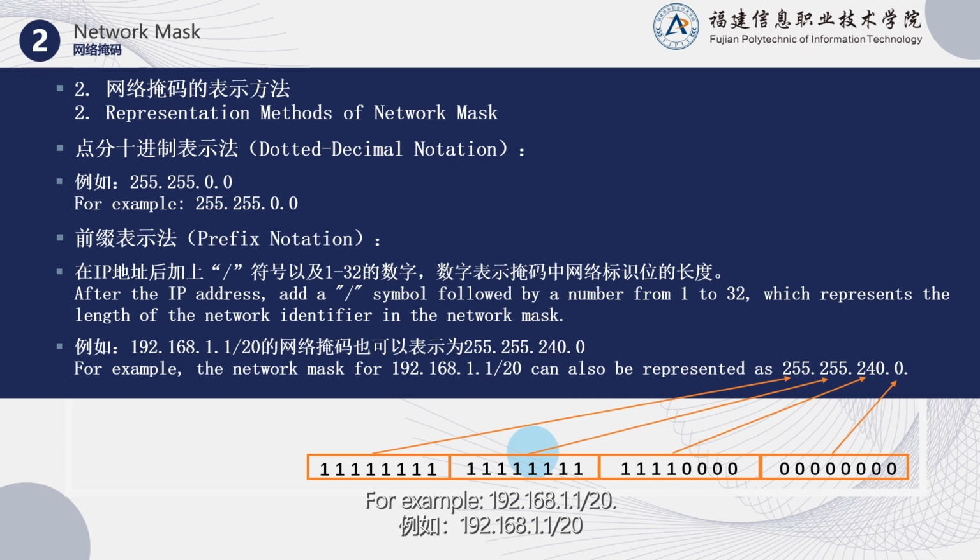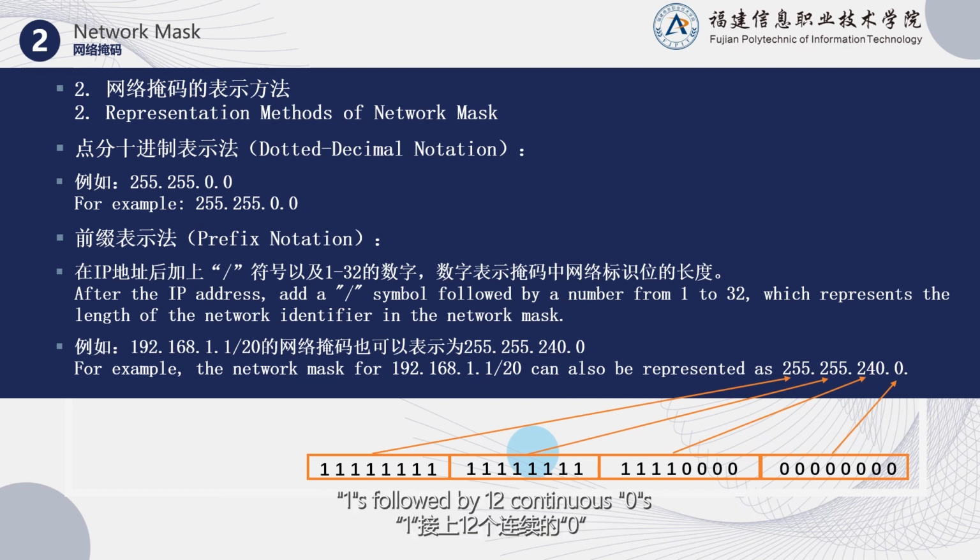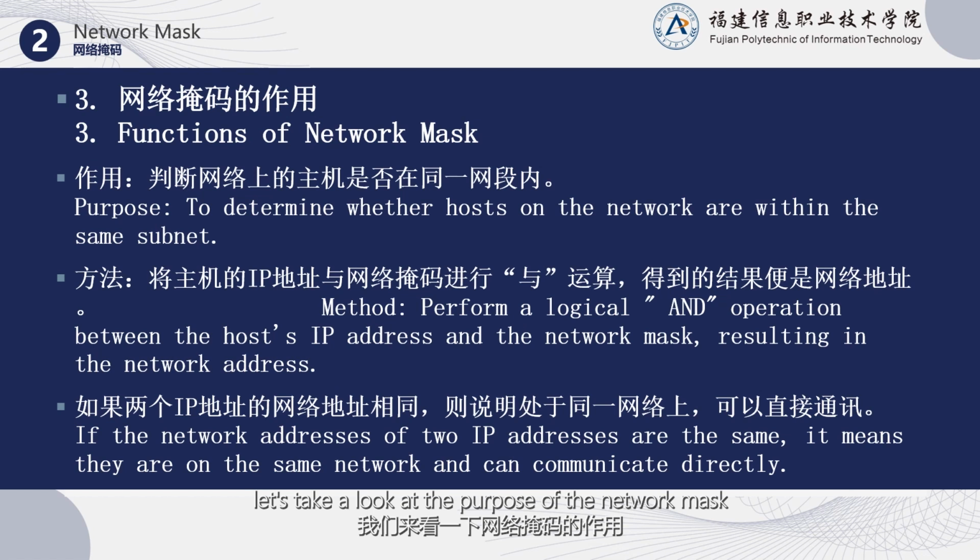For example, 192.168.1.120/20. Here, 20 indicates that the network mask has 20 continuous 1s followed by 12 continuous 0s. In decimal notation, this becomes 255.255.240.0.